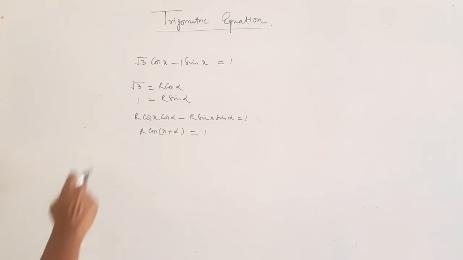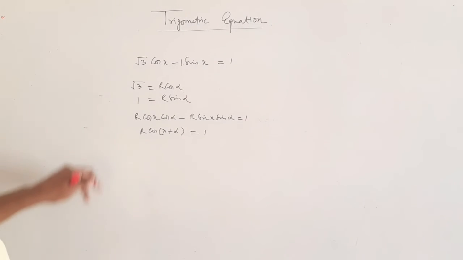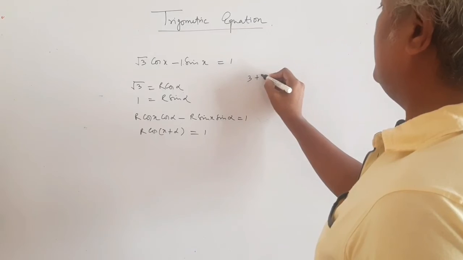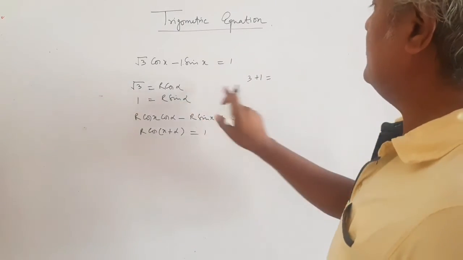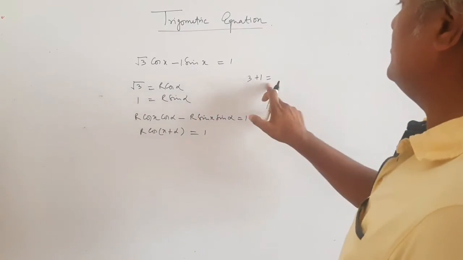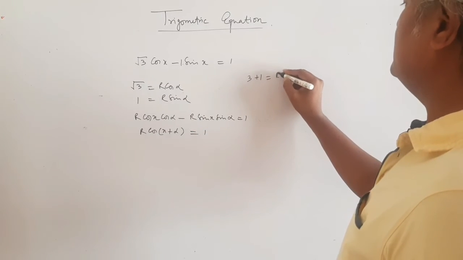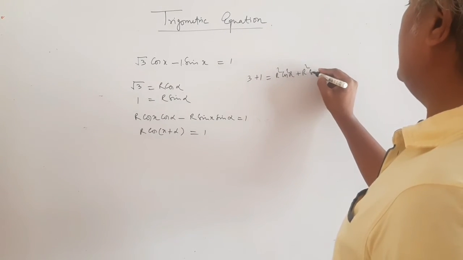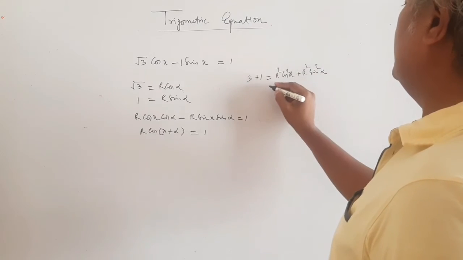Okay. Now what is r? Suppose I square and add, I'll get 3 plus 1: root 3 square is 3, 1 square is 1. Now this is r square cos square alpha plus r square sin square alpha.